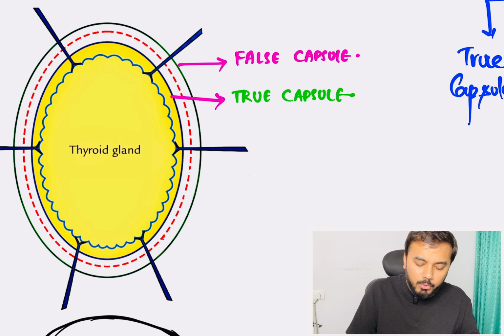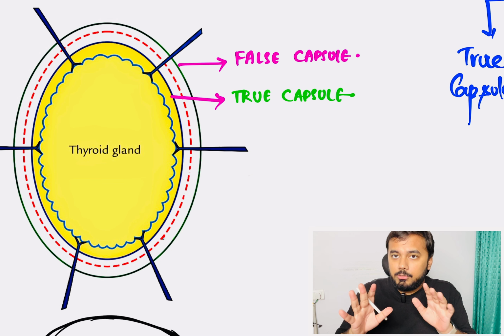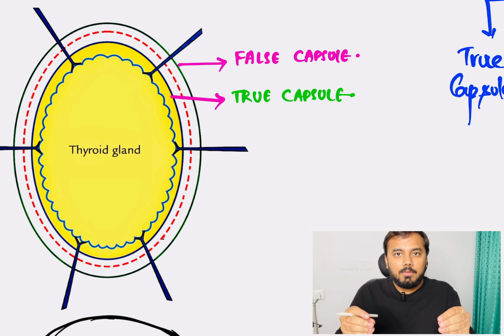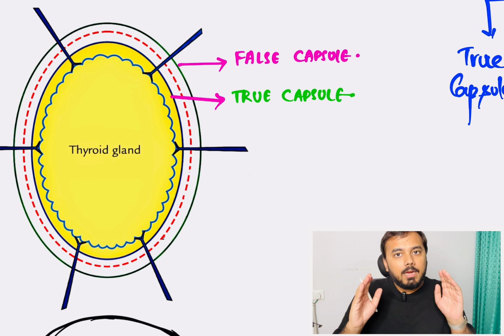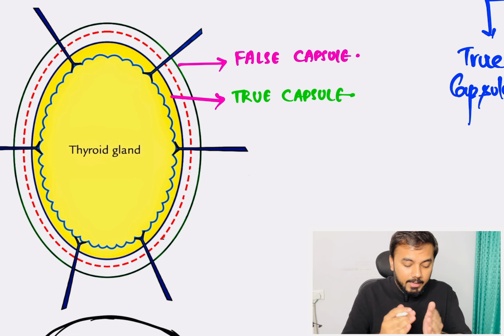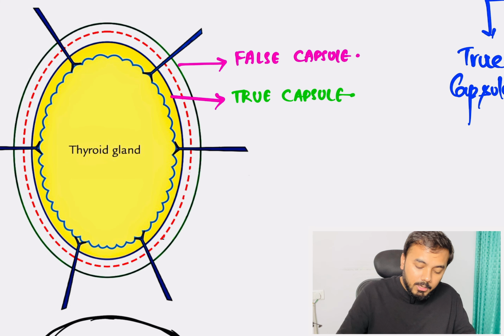True capsule is very thin in comparison with the false capsule. Usually the true capsule is thin, the false capsule is a bit thick. Why it is thick I will tell you later on, but just now understand that the true capsule is thin and it is very closely adherent to the gland. See, all this yellow color thing is your gland. Now you tell me, true capsule is closely adherent to the gland, isn't it?